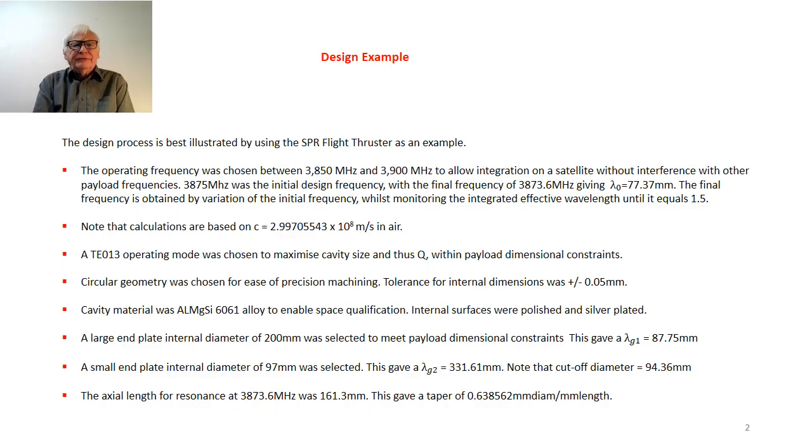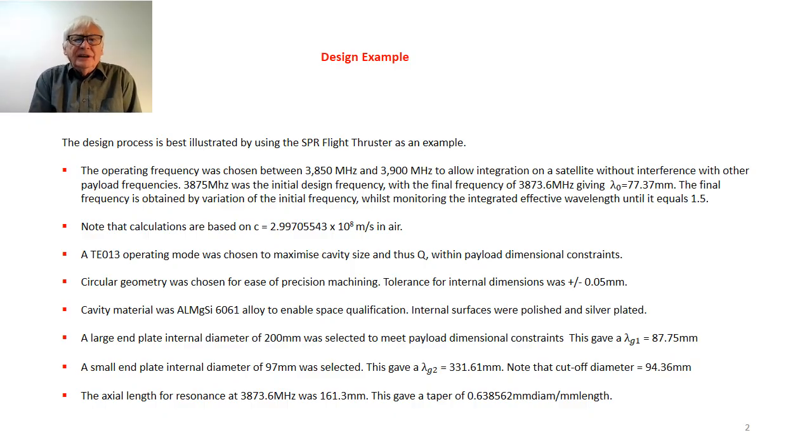The operating frequency had to be selected between 3,850 megahertz and 3,900 megahertz, basically to allow it to be integrated within a satellite payload without interfering with all the other payload frequencies. So it was actually designed for a particular application.